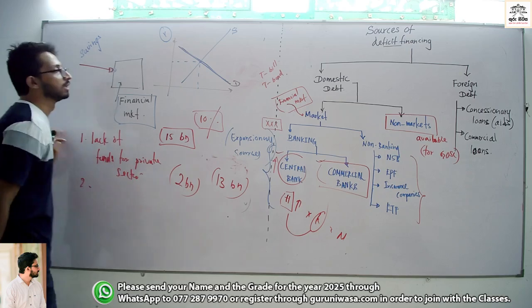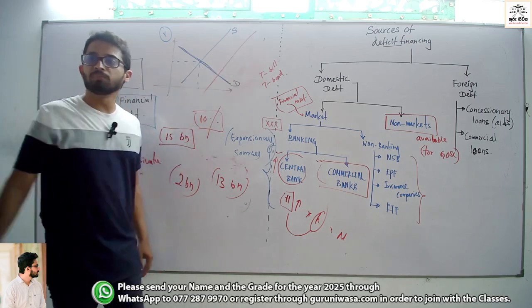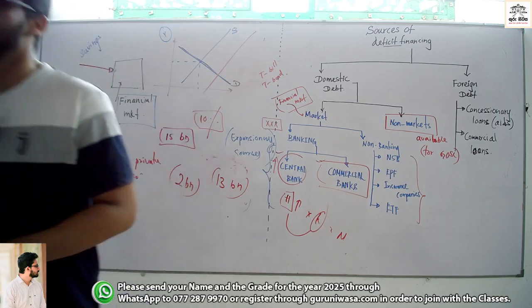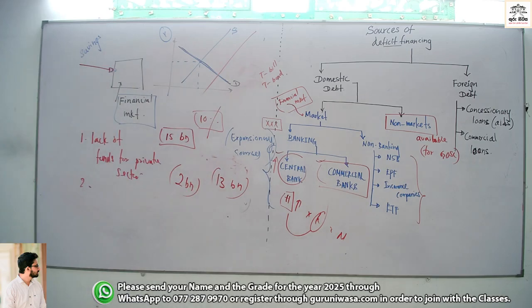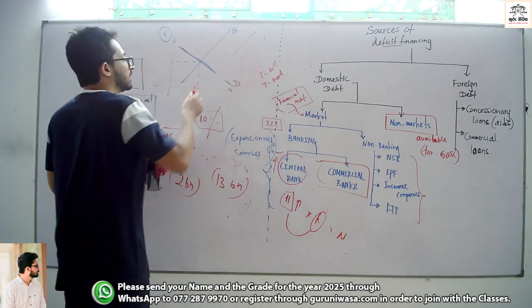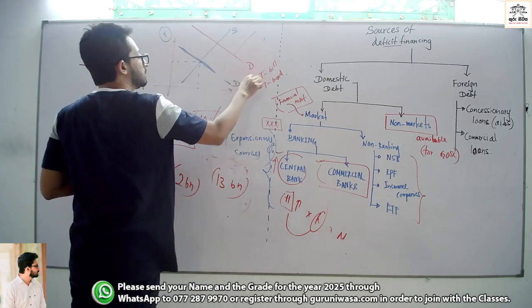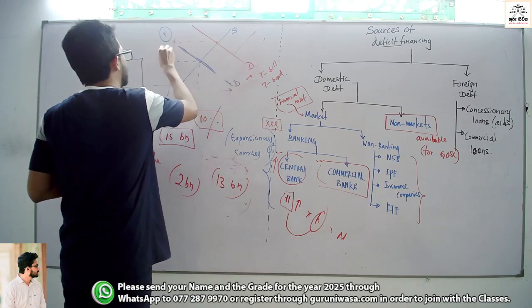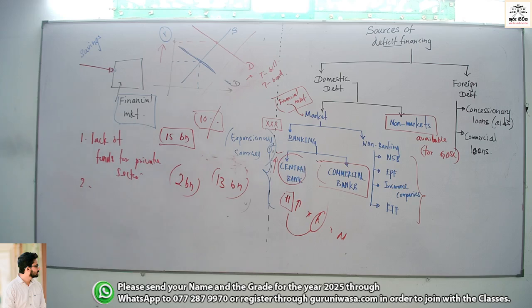The second one: when the government is demanding more funds, what happens to demand for funds? Demand for funds increases. The demand curve shifts to the right. Suddenly, what happens to the rate of interest?